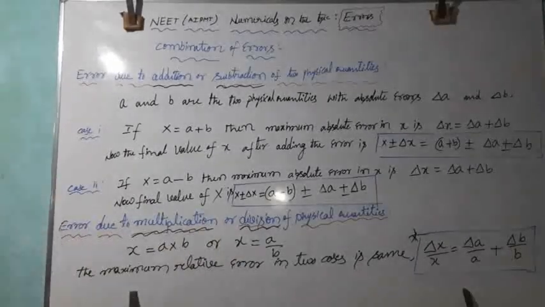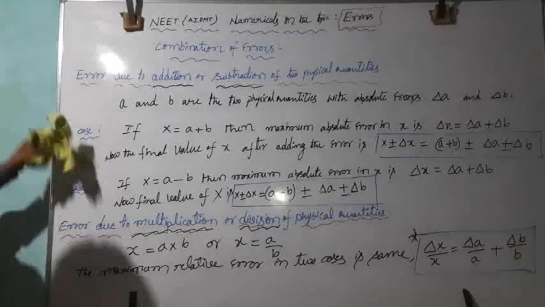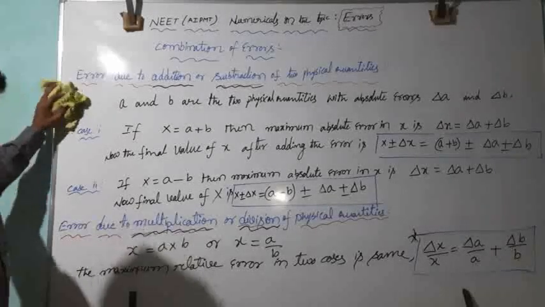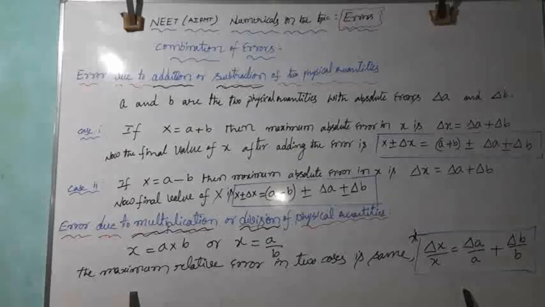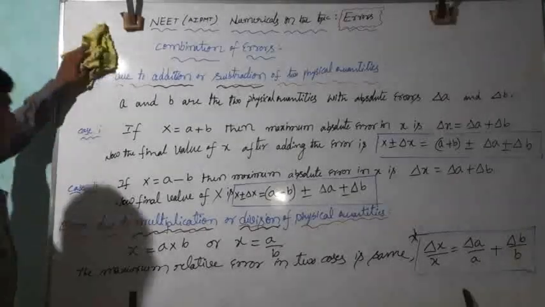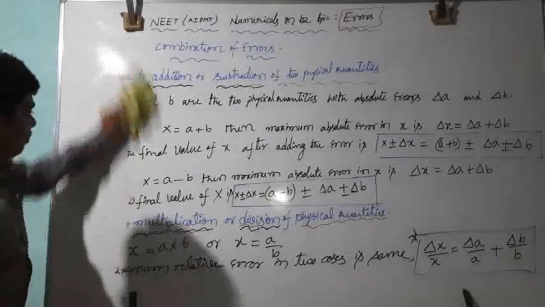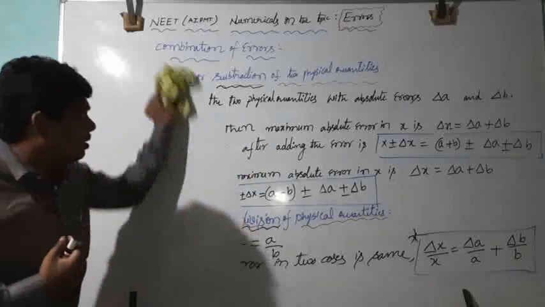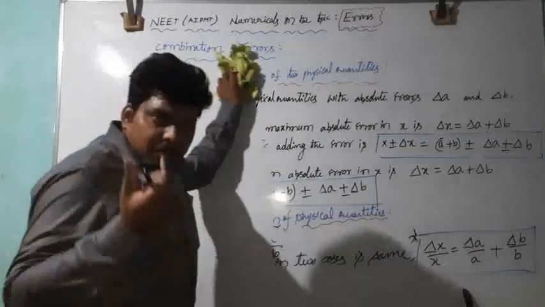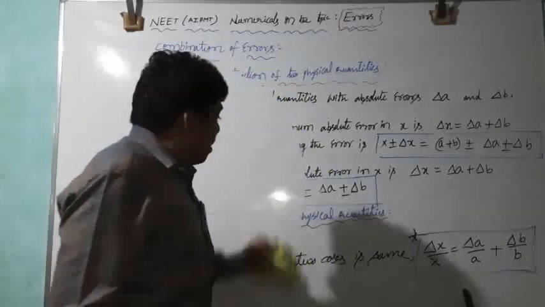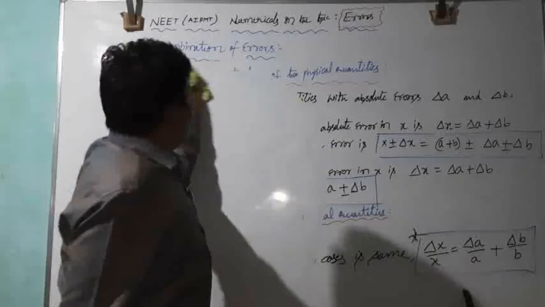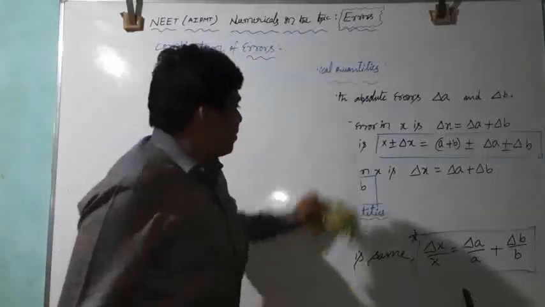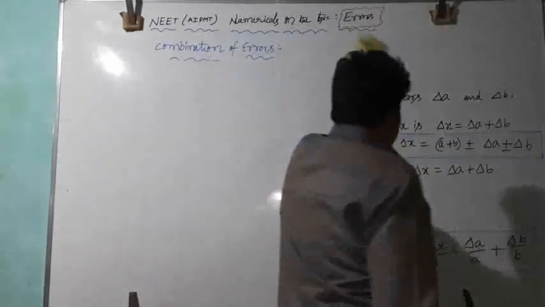And the last one is the error due to a power. Here I have explained addition, subtraction, then multiplication, division, and one more thing remains, that is the error due to the power of a physical quantity.